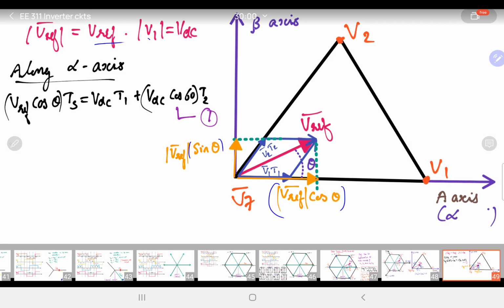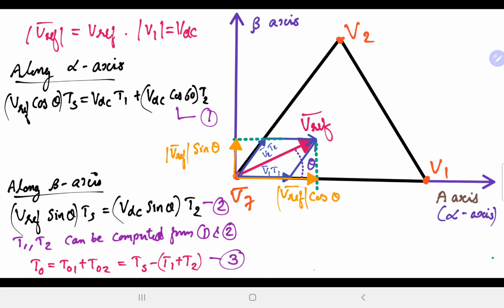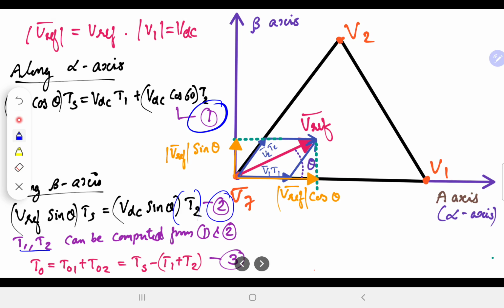Okay, now along the beta axis we look at this direction and what is the contribution of each of them. So we know that v1 doesn't have any projection on the beta axis, so it will be just v2 and t2. Okay, so it's only t2 which will come into the picture. So vref sin theta ts is equal to vdc sin theta multiplied by t2, and t1 and t2 can be computed from equation 1 and equation 2.